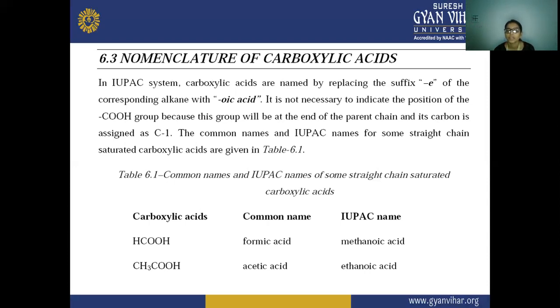The numbering starts from that group because it has the highest priority. That is why the carboxylic acid is assigned a number but it is not written in the name. So this is the nomenclature of carboxylic acids. A few examples are in the next slide.